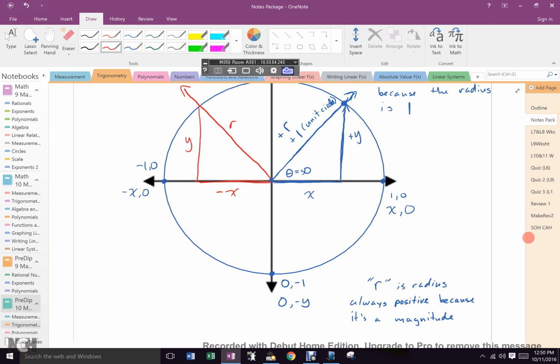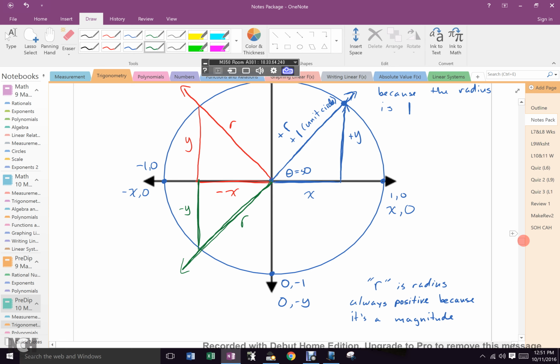Now draw me 230. Where would it be? Which I will draw in green. Make your line. Is negative x still there? What's this? Negative y. What's this?